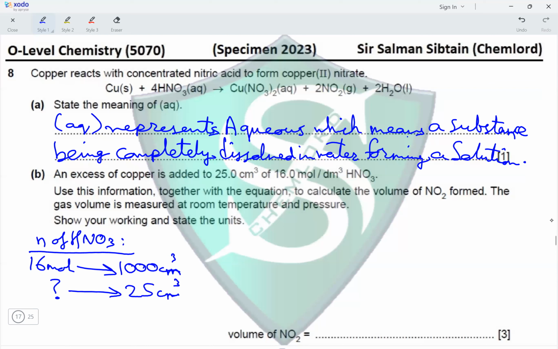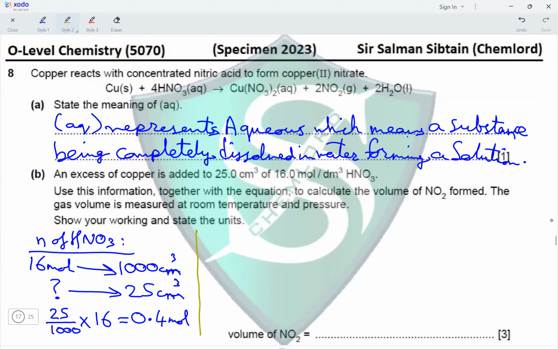So we need to calculate the number of moles of nitric acid present in these 25 cm cube. How will we do that? We will divide 25 by 1000 and multiply this value by 16 to give us 0.4 moles of nitric acid that are being used up.